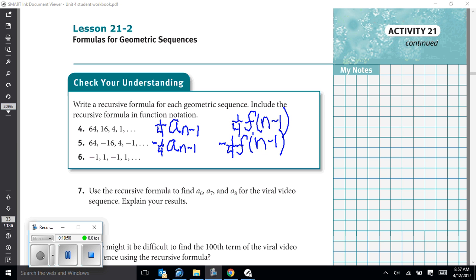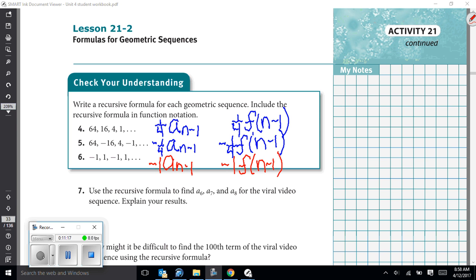All right, now this last one, number 6. This one's tricky. We have -1, +1, -1, +1. So for each stage, we're taking the previous stage and multiplying by, like Kelly said, -1. So then how do I write n minus 1 in function notation? Perfect.